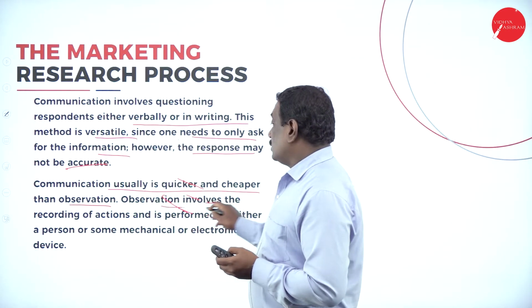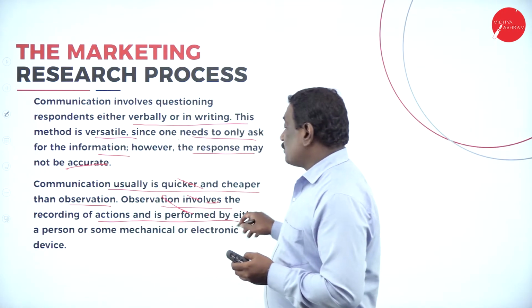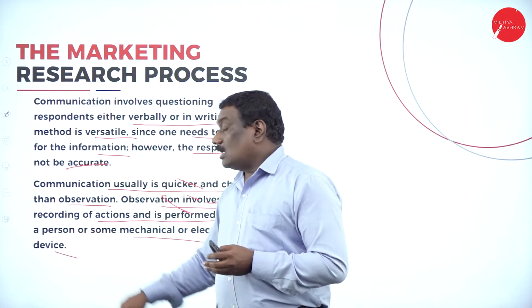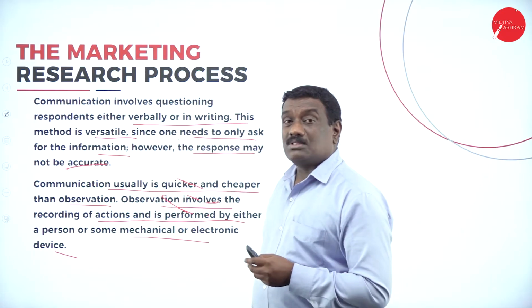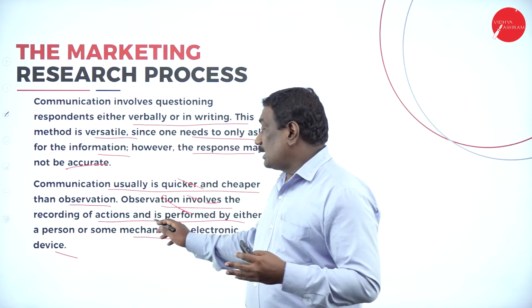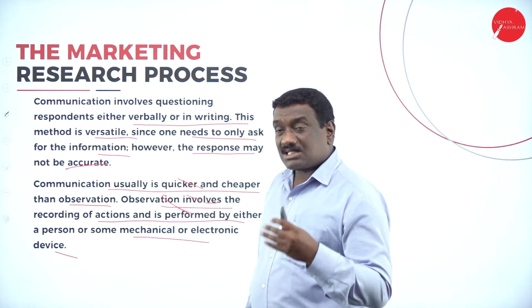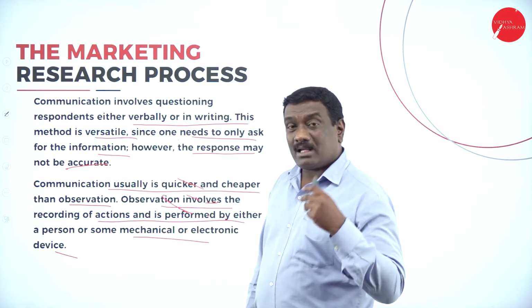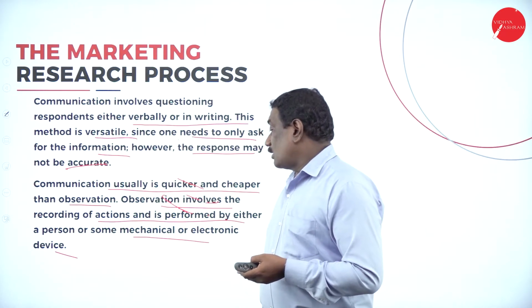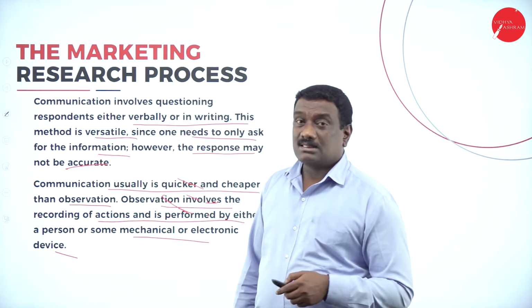Now, observation involves the recording of actions, and is performed by either a person or some mechanical or electronic device. How are we going to do the observation part? Observation involves the recording of actions, performed by a person or by any mechanical or electronic device.